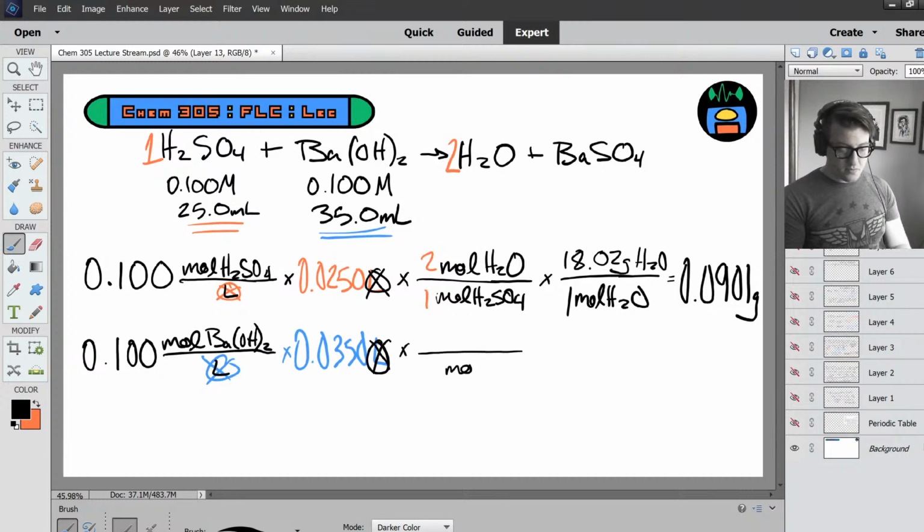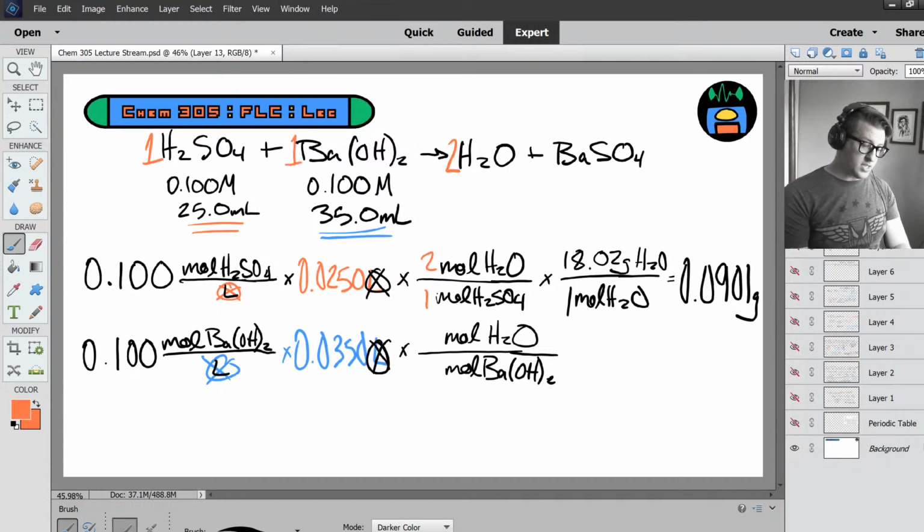Next, we convert from moles of barium hydroxide to moles of water. And this, just like the previous calculation, is a 1 to 2 mole ratio. Finally, we use the molecular weight of water to convert from moles to grams.